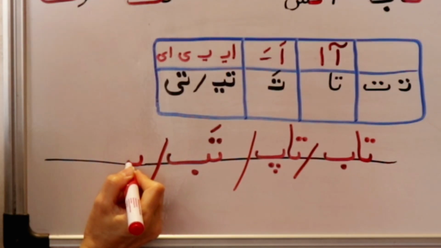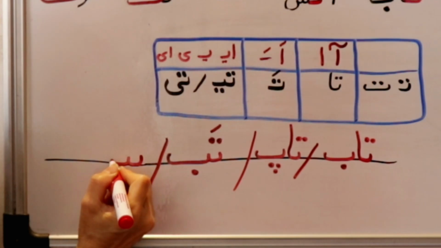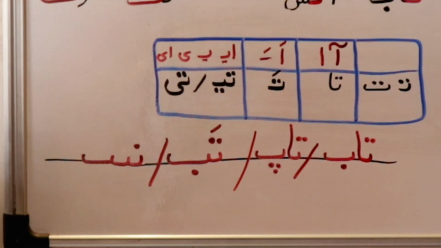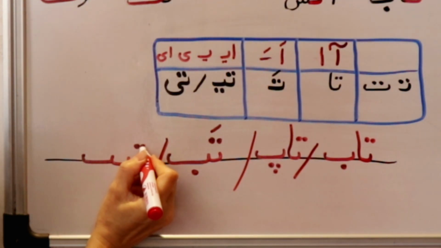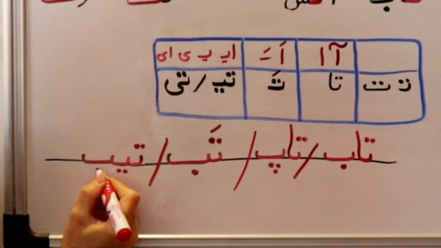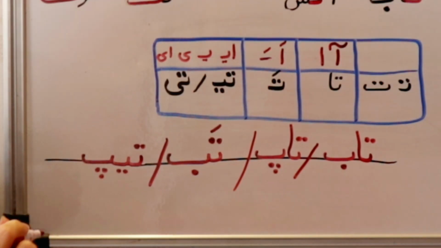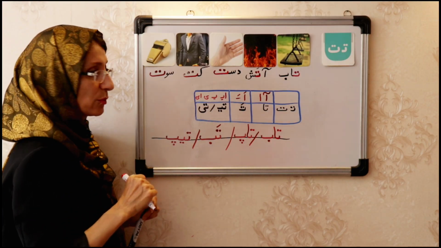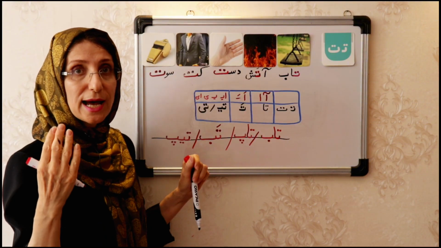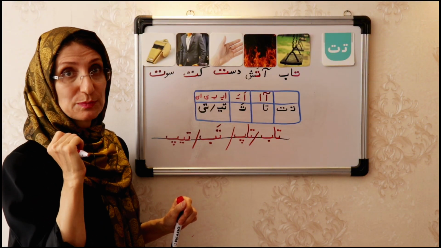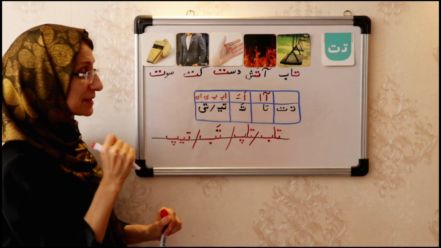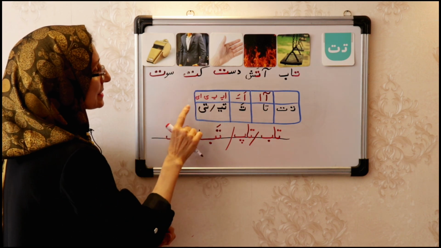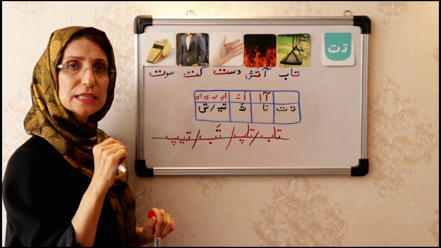One dot for T, one dot for E, and one dot for P آخر that we learned in the previous video. Tip. Tip is type and also style. In Persian, when we want to say a man is handsome, we say خوش tip.